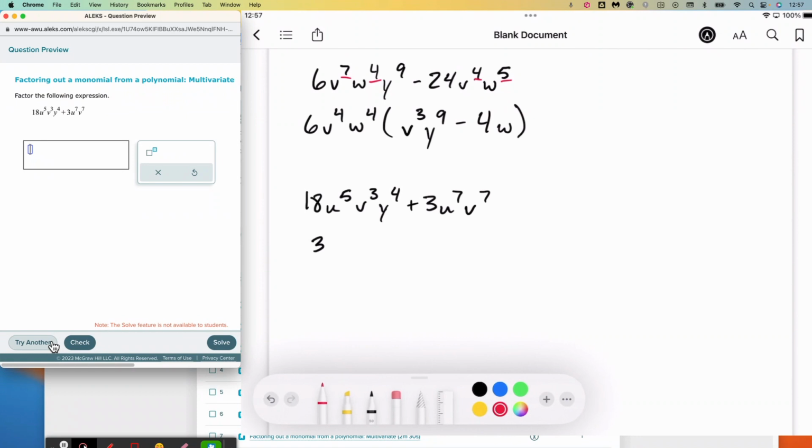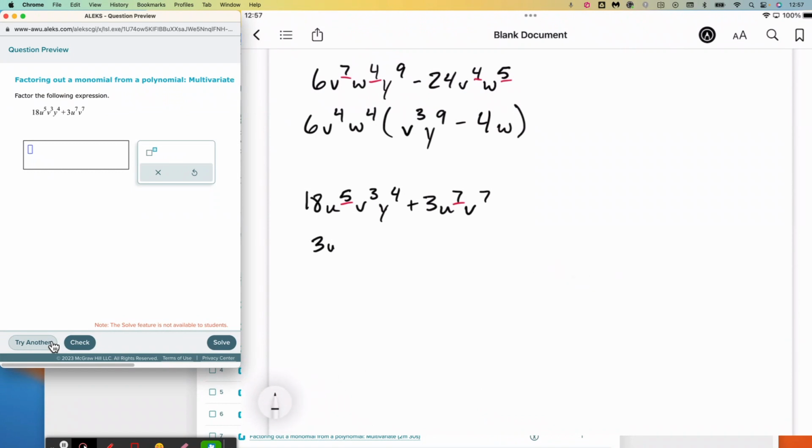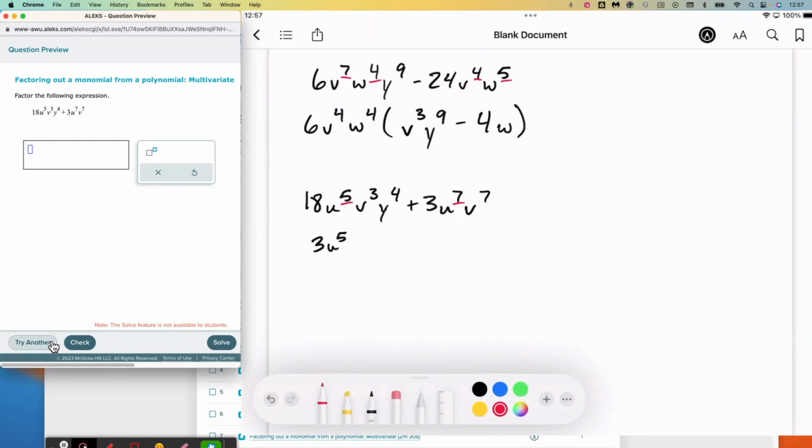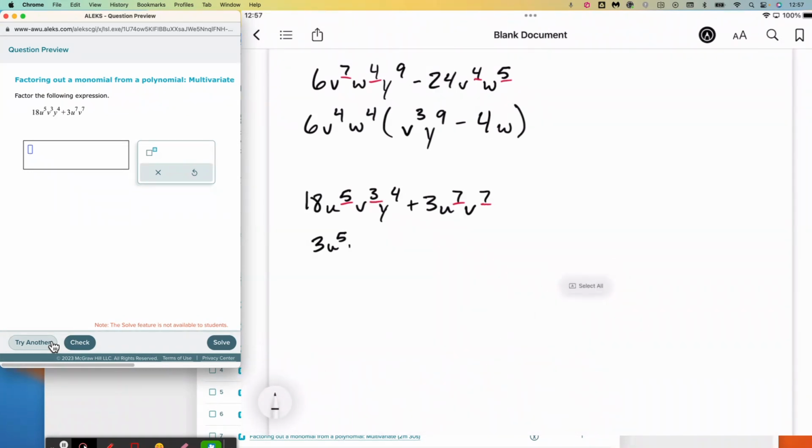And then looking at the exponents, we have a u to the 5th and a u to the 7th, so we can factor out a u to the 5th. We have a v to the power of 3 and a v to the power of 7, so we can factor out a v to the power of 3. And then that y is only on one of the terms, and so we can't do anything with that.